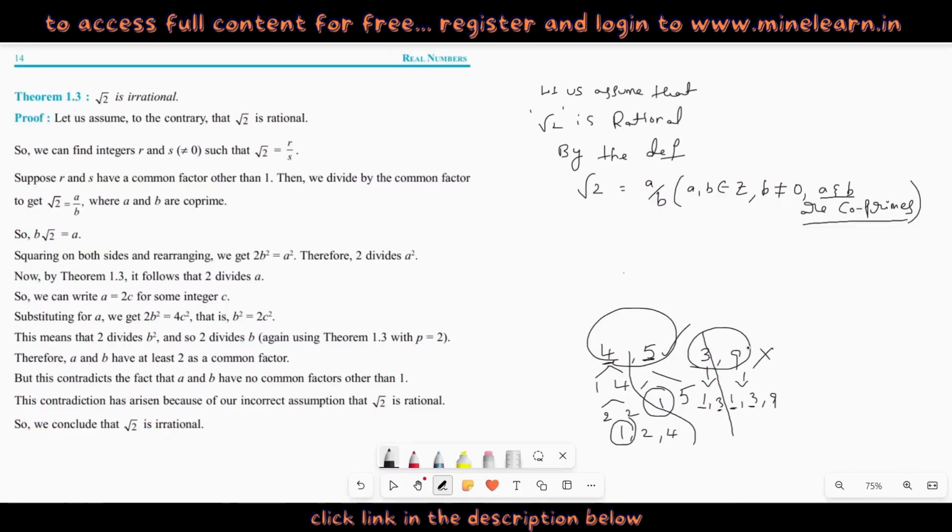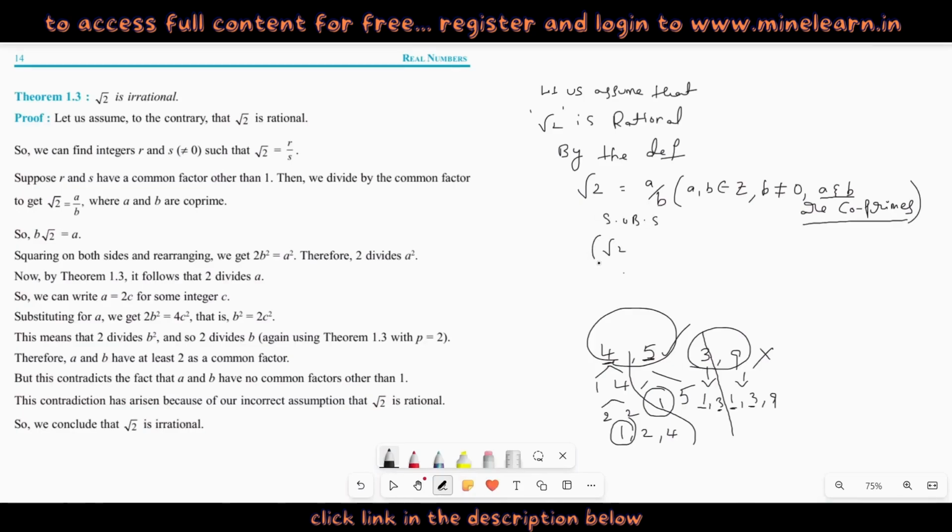Now, let us come back to the question. In proving root 2 is irrational, we are going to use this condition: a and b are coprimes. Now here, squaring on both sides.